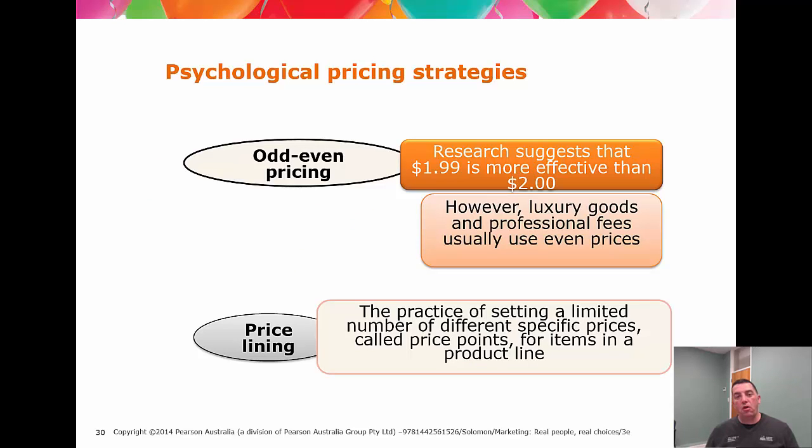Other things to be aware of with psychological pricing: we have odd-even pricing, which you might have seen in the stores. $1.99 is more effective than $2 as a price, even though most of us go, well, what's the difference? Well, the difference is an increase in sales, so would you like to have that or not? And price lining, which is the practice of setting a limited number of different specific prices, called price points, for items and product lines.